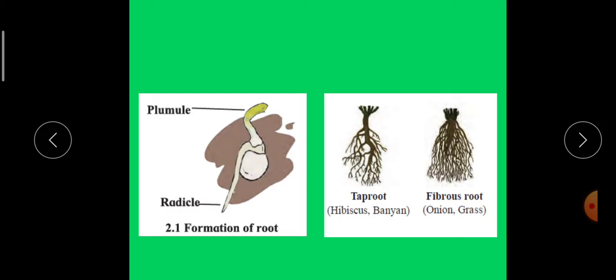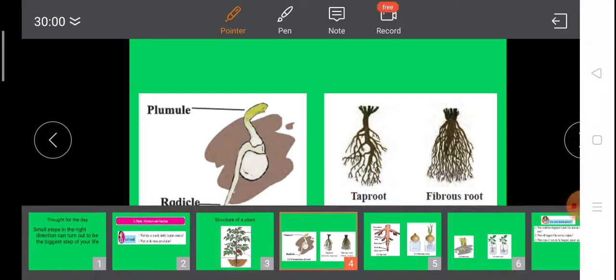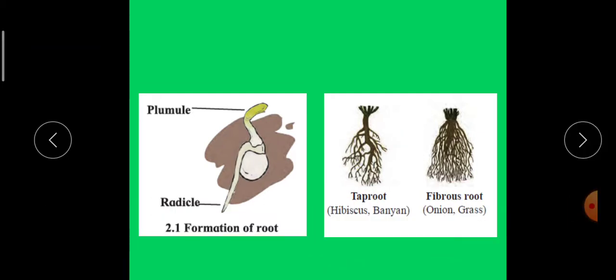Now, if you remember, last year you had studied the two types of roots. They are shown here, the tap root and fibrous root. When you see here, what is the difference that you see? In case of tap root, it is thicker at the base and then it tapers towards the end. The tap root produces secondary roots.